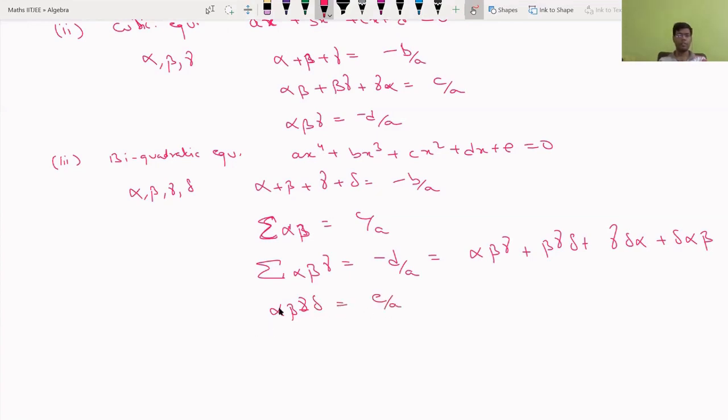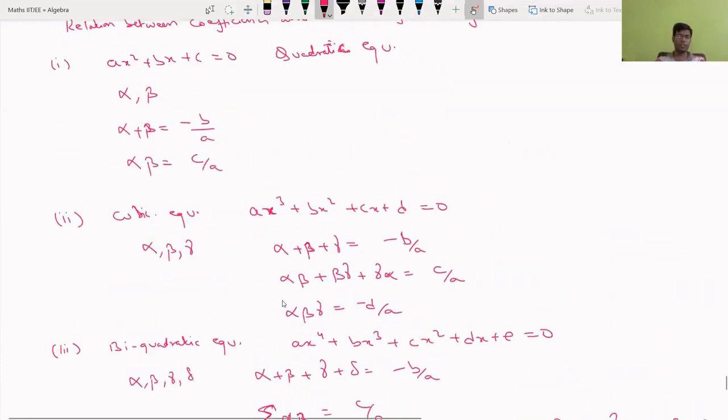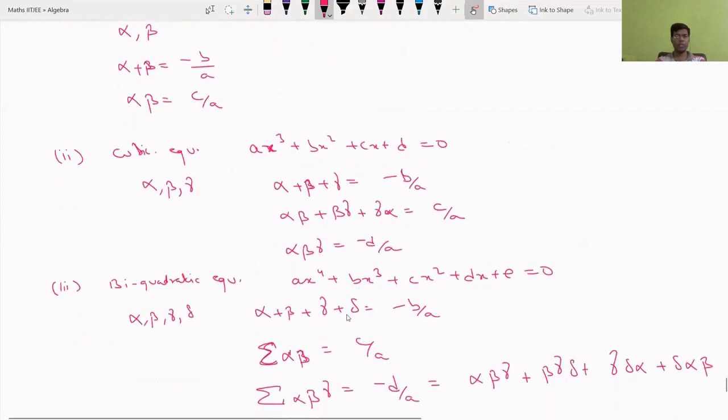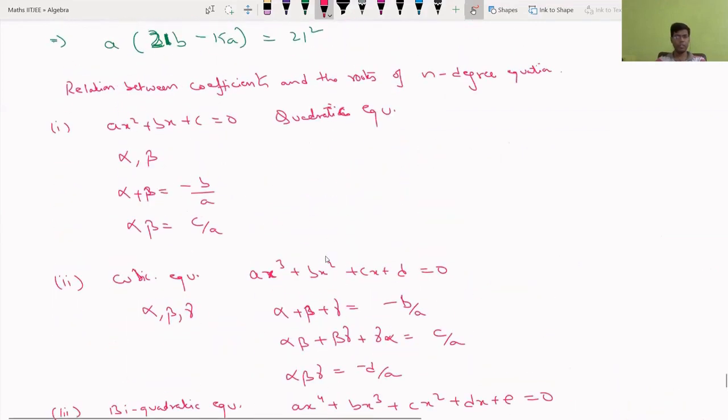Simple. So one thing we can always observe is whether we have quadratic or cubic or biquadratic, the sum of the roots is always minus b by a. And after that, the sum of the roots taken 2 at a time becomes c by a.